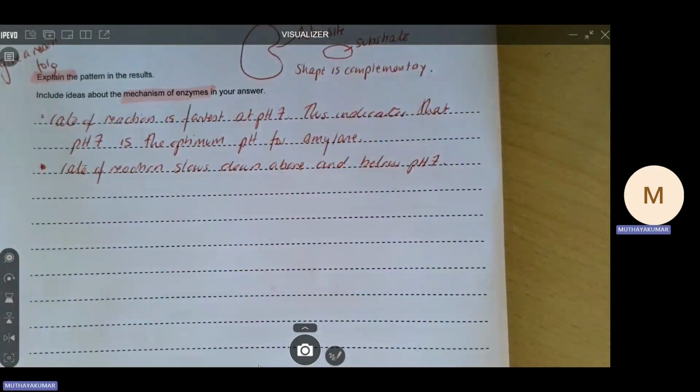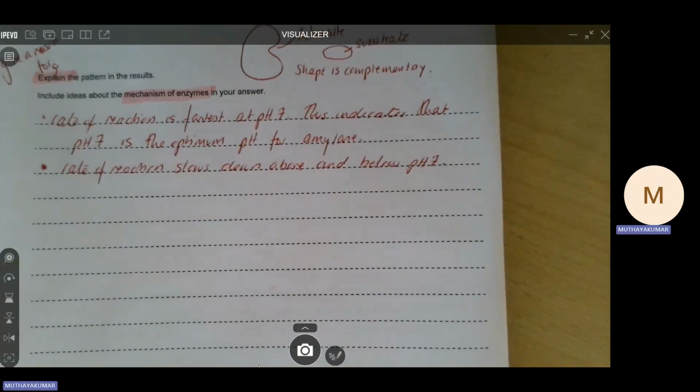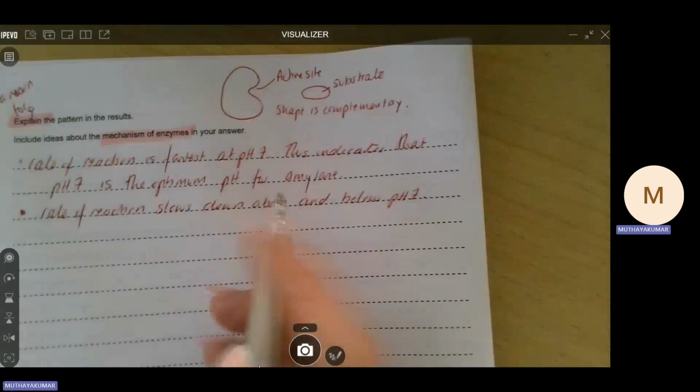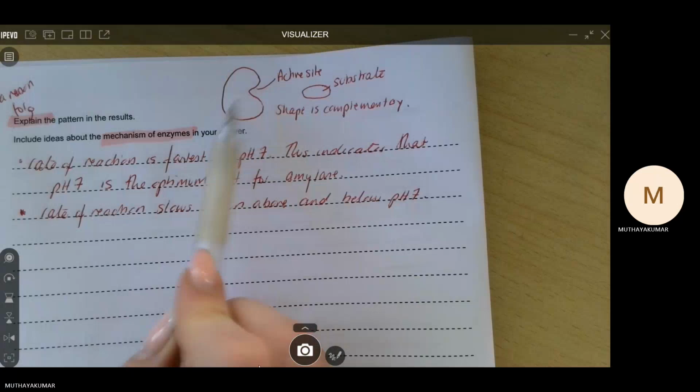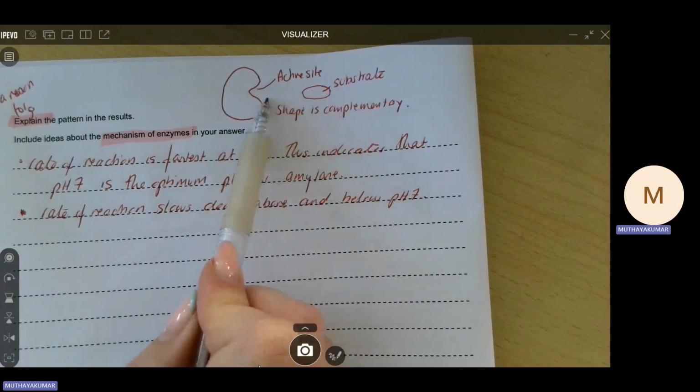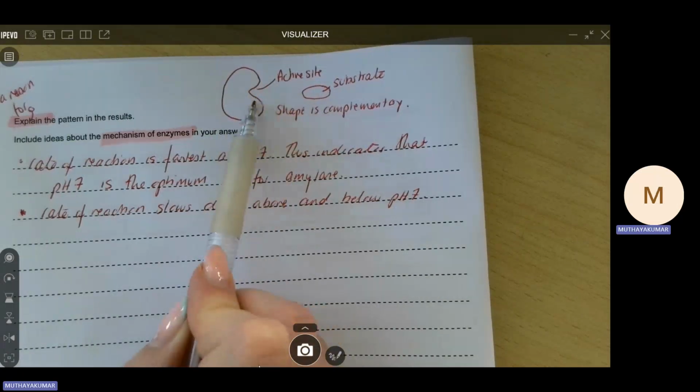Now, with temperature and pH, if the temperature is too high or the pH is below or above the optimum, the enzyme is denaturing. So the shape of my enzyme is changing and my active site shape is changing, which means my substrate is no longer going to be able to bind to my active site.